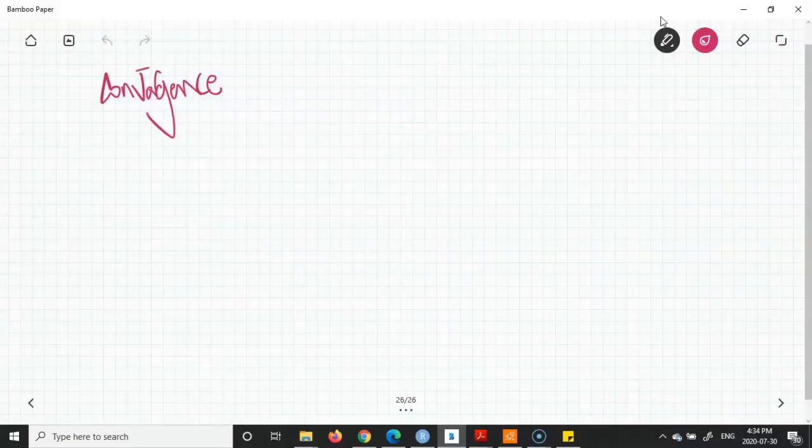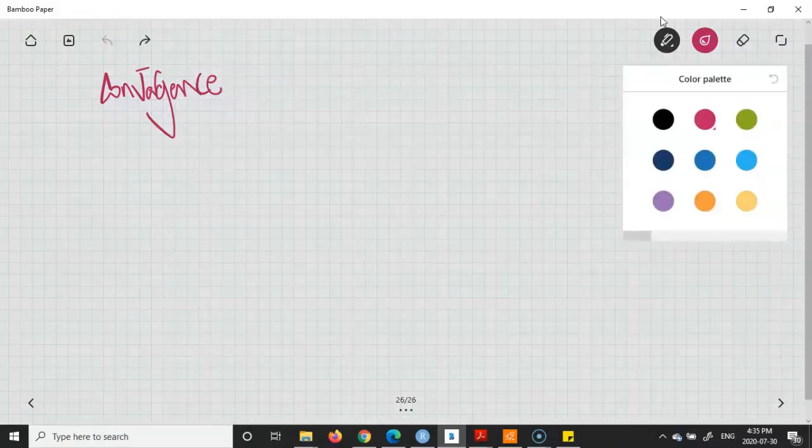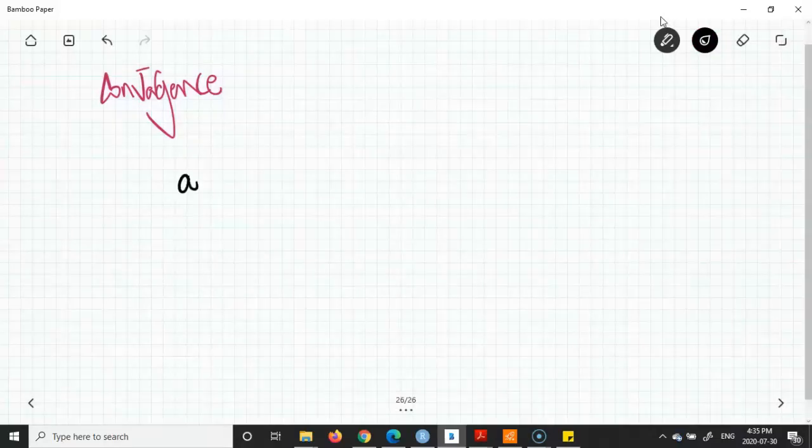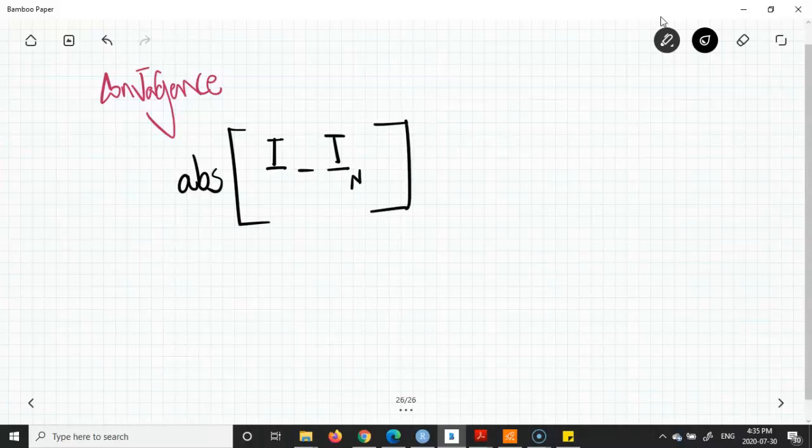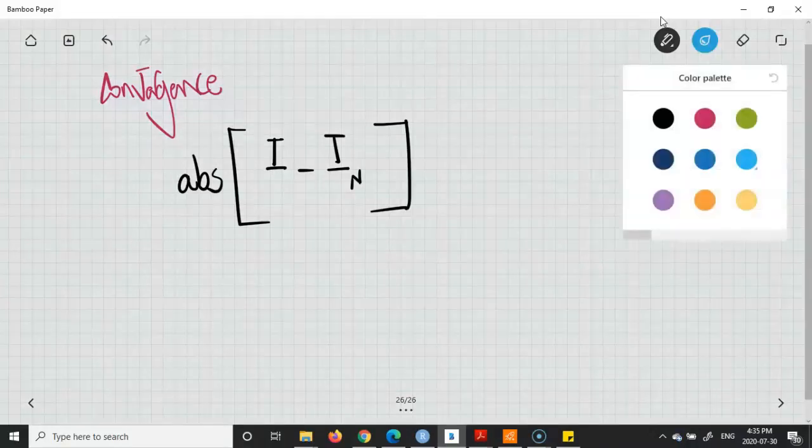If I can define the absolute value of the difference between the exact value of the integral and its estimation, which is derived from the n sample points we got from that distribution, it's good to write that here.